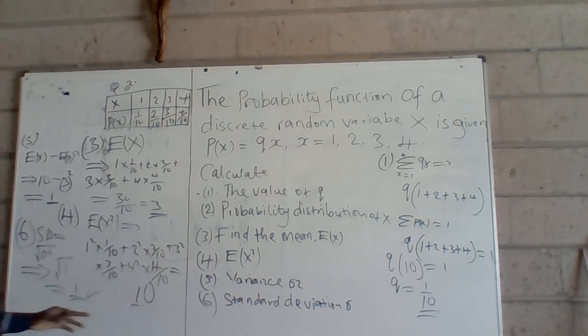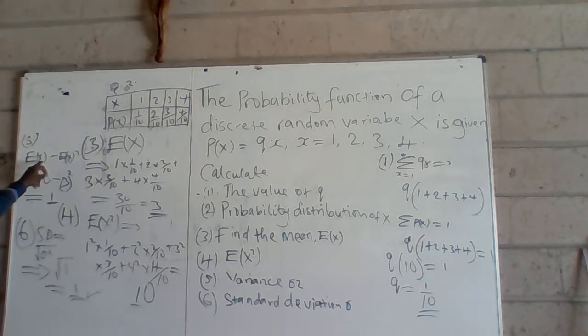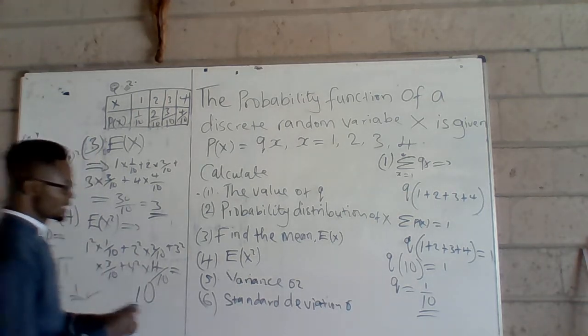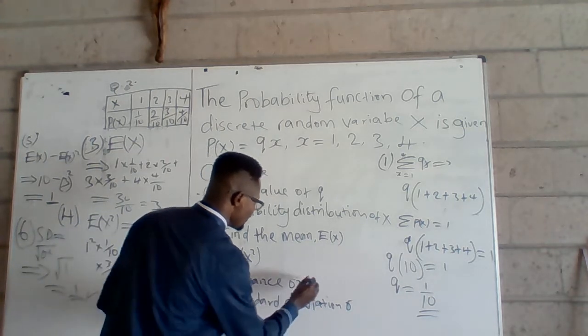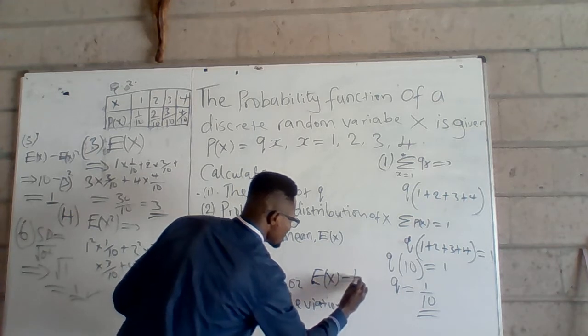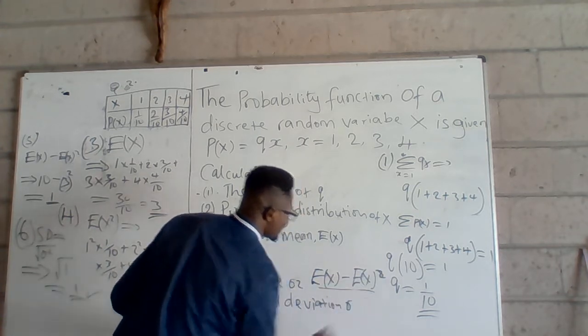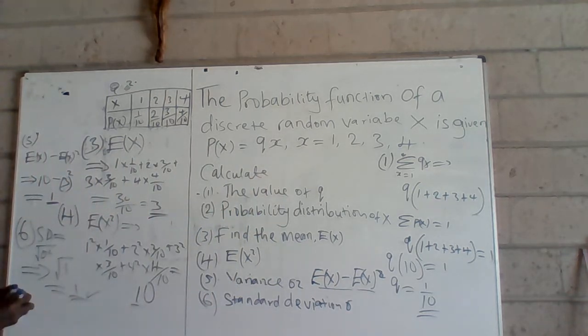So to find our variance, it simply means the expected value of x squared minus the expected value squared. And this is the formula for variance. That is what I have applied here.